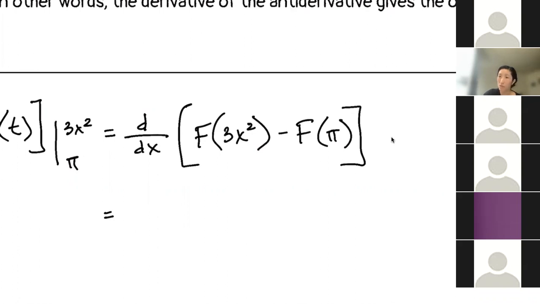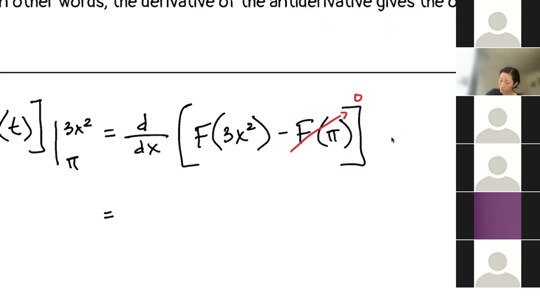But let's think about things we do know. What's going to happen to this? Becomes a 0. Excellent. So this will go to 0 when I take the derivative.